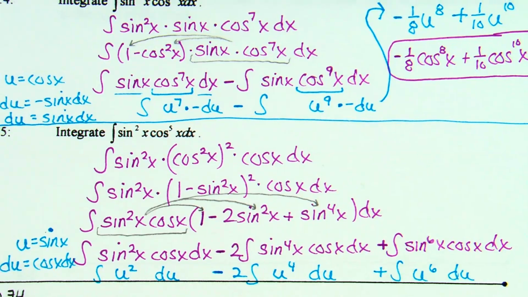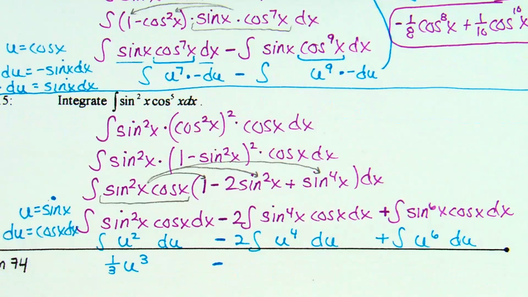What's the integral of u to the second? 1/3 u to the third. What's the integral of u to the fourth? Well, u to the fifth over 5, but then put the minus 2 in also. If it's 1/5 u to the fifth times a 2, it's really going to be 2/5 u to the fifth. And then the last one, the integral of u to the sixth, 1/7 u to the seventh.